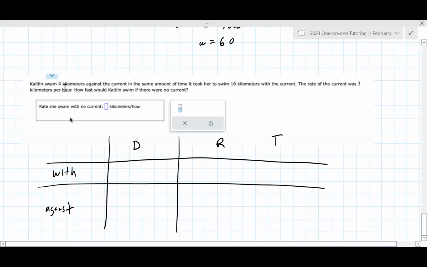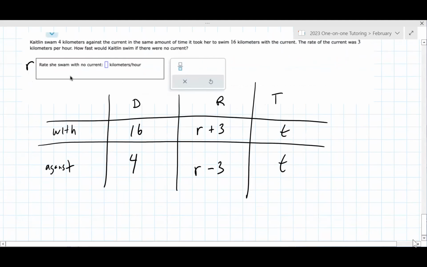Caitlin swam 4 kilometers. That's the distance, against. In the same amount of time, it took her to swim 16 kilometers with the current. The rate of the current was 3 kilometers per hour. So when it's her rate, I like to use R. So with is R plus 3, and then R minus 3. Now it truly is just like the last one. The same setup. So give it a try.